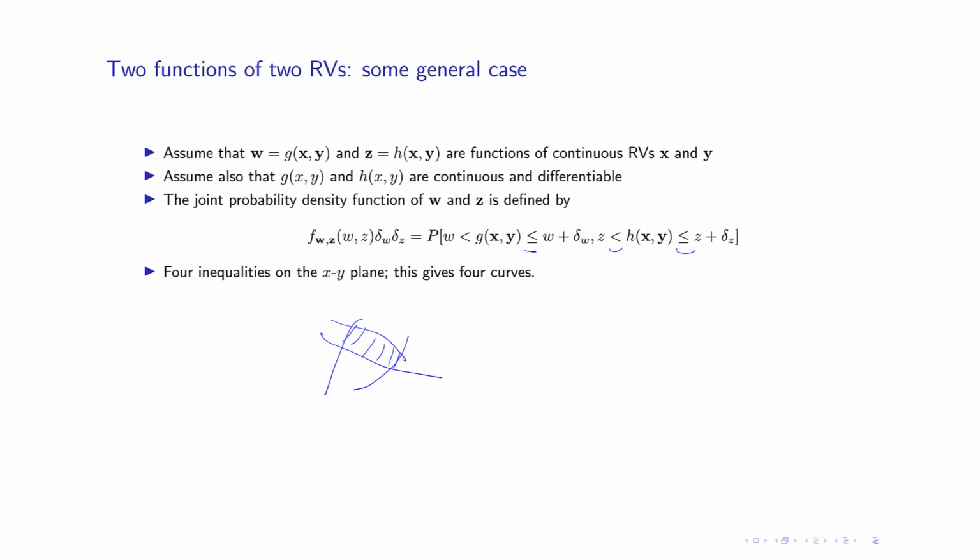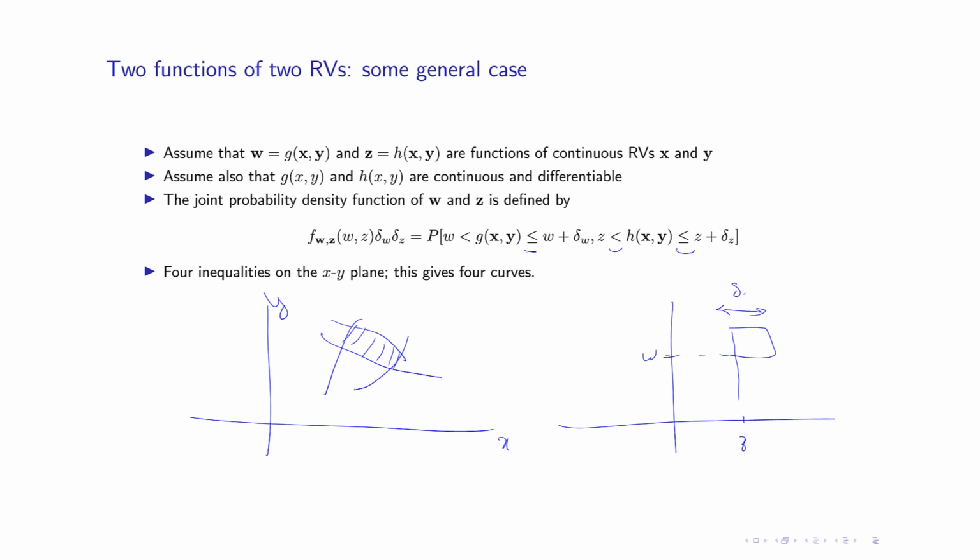So this is going to be in the xy axis. You had at Z and W a differential rectangle of size delta Z and delta W. Now the inverse of that here in the xy plane is determined by four curves.